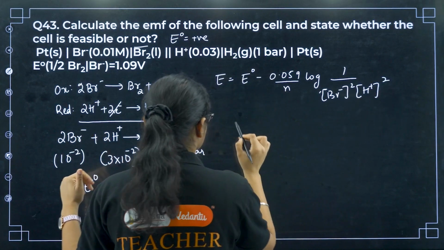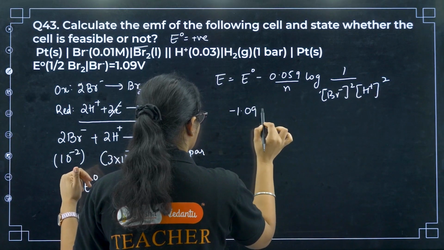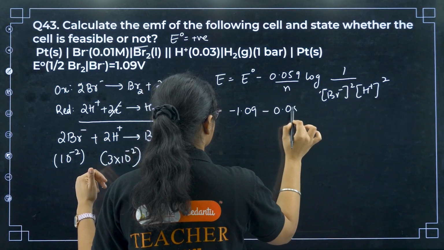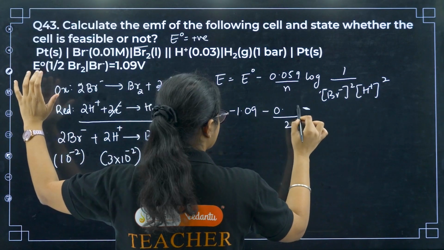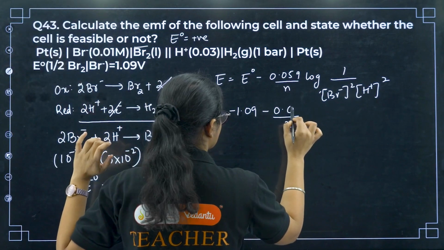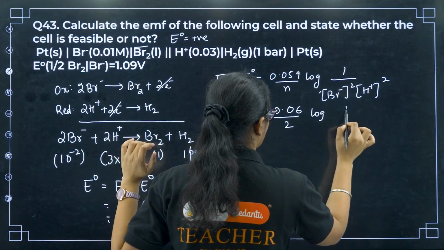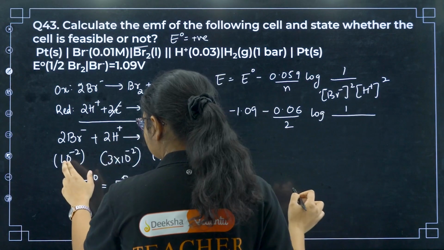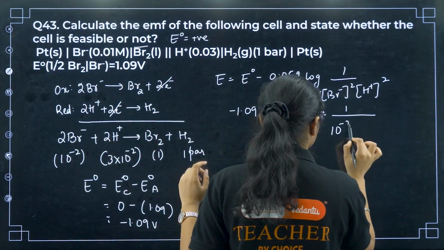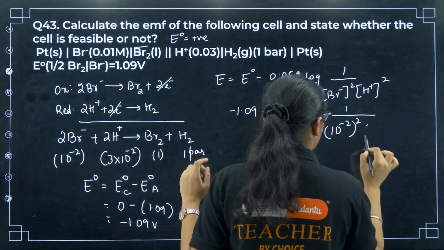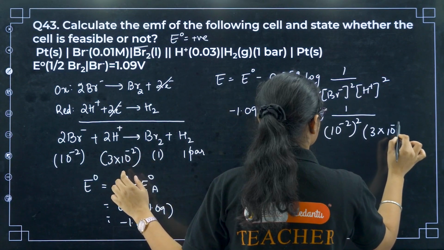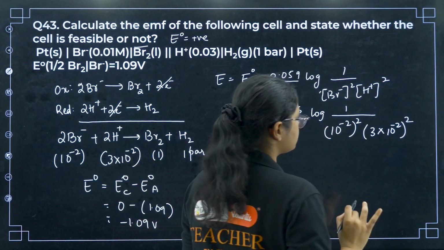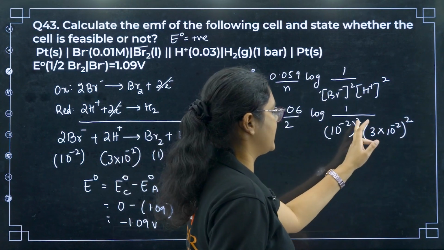So E equals minus 1.09 minus 0.059 by 2; for easy calculation, let me take it as 0.06. Log of 1 by (10 to the power of minus 2) square, and H plus concentration is (3 into 10 to the power of minus 2) square. You should not forget to take these square terms here.